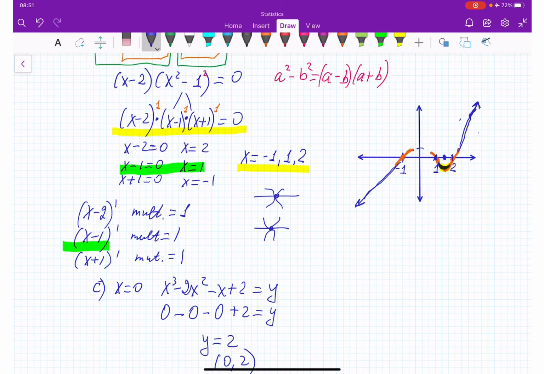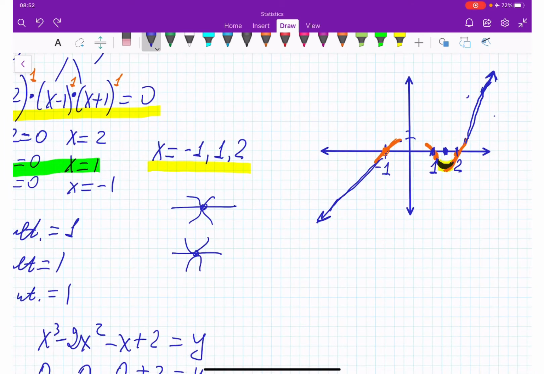So let's see. I have it very low, so, oops. This will be my 1, and this will be my 2. Which means my graph is going to go from here and go down.